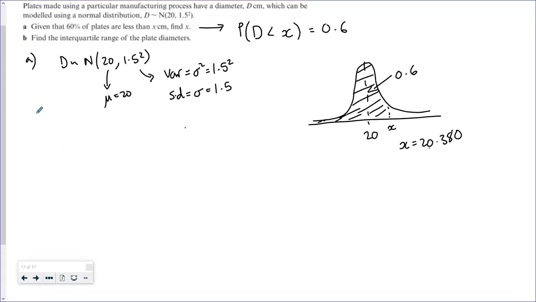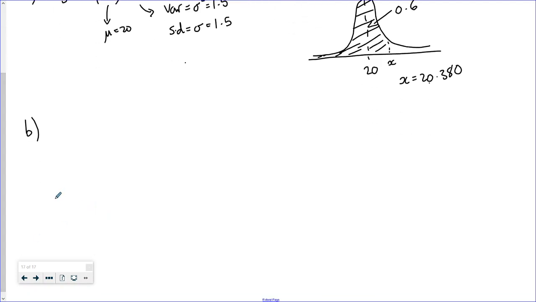In part B, we were asked to find the interquartile range of the dinner plate diameters, the interquartile range of D. So let's draw out our distribution and work out what the interquartile range will look like.